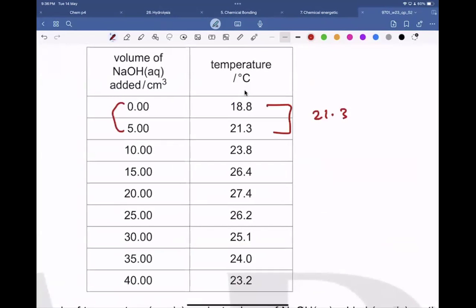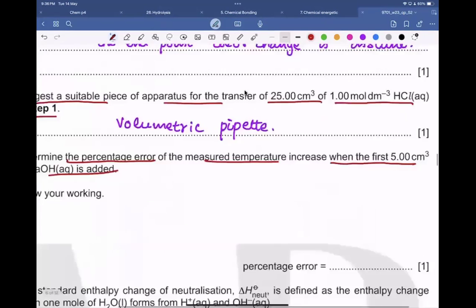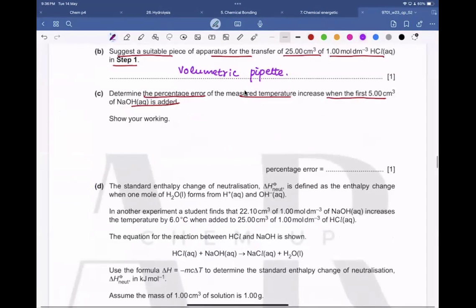Can anyone tell me, please? 13 minus 8 gives me 5. 20 minus 18 gives me 2. So it's 2.5, right? So the change in temperature is 2.5.